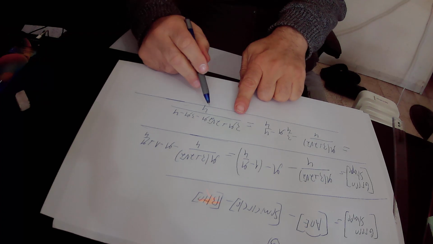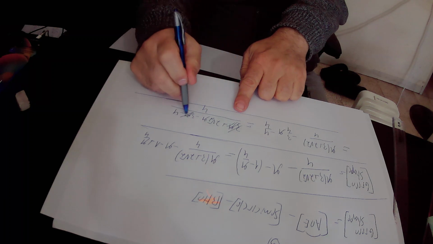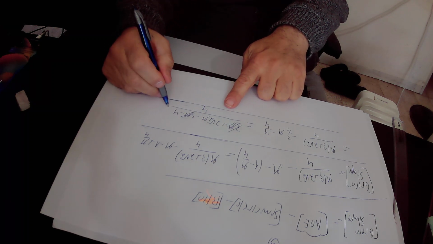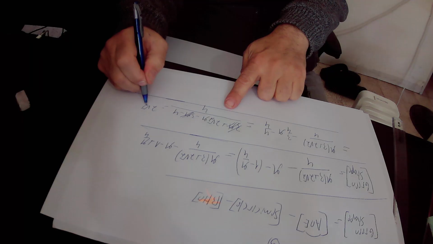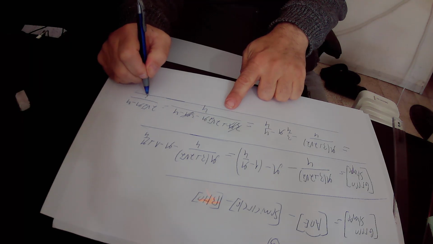So here we have 3 pi minus 3 pi is 0, so 3 pi will get cancelled, and we are left only with 2 times square root of 2 pi minus 4 over 4.